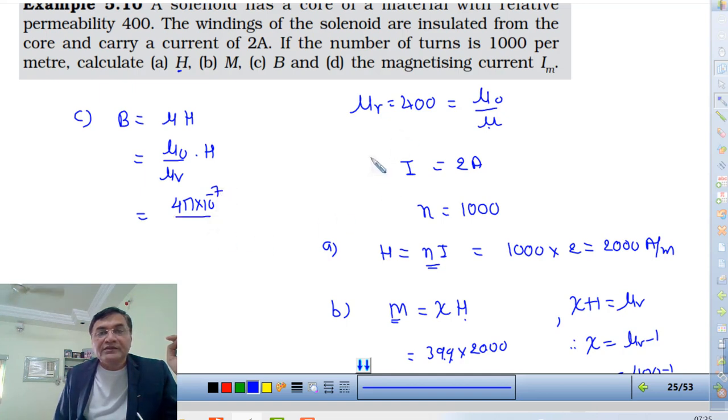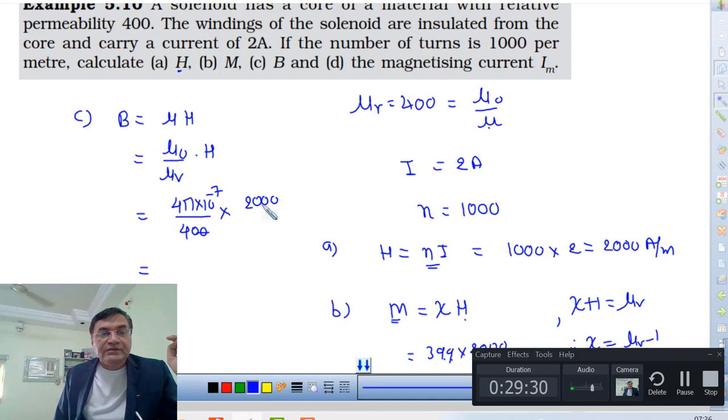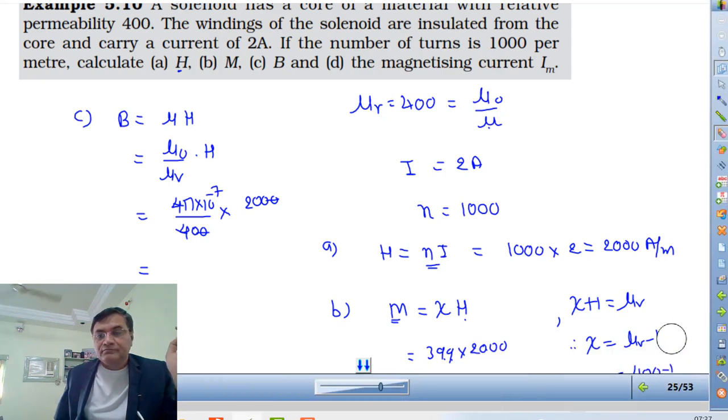And mu R is 400 into H, that is 2000. So you can simplify this. This 2 cancels out. This 4 is also cancelled. Now roughly how much will it be? 20 into pi, so 20 times 3.14 is about 60.